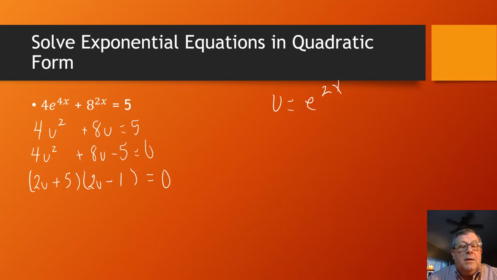Let's see, 2u times negative 1 would be negative 2u, but 5 times 2u is positive 10u, and 10u minus 2u is 8u. Yeah, that's it. Okay, let's set each factor equal to 0.